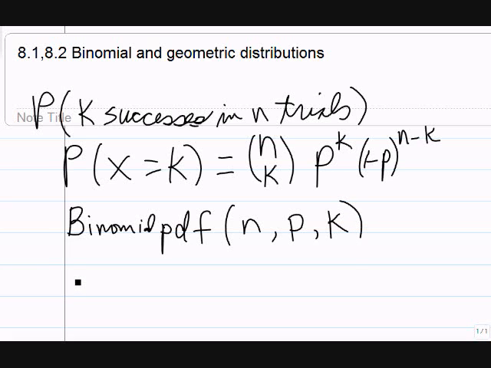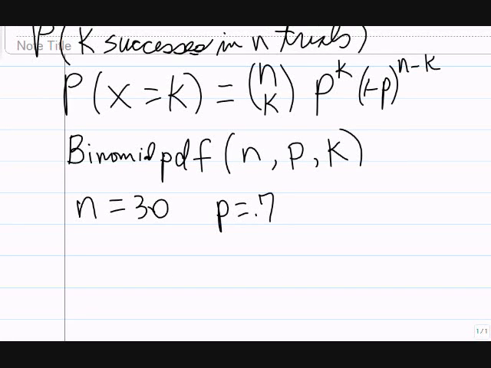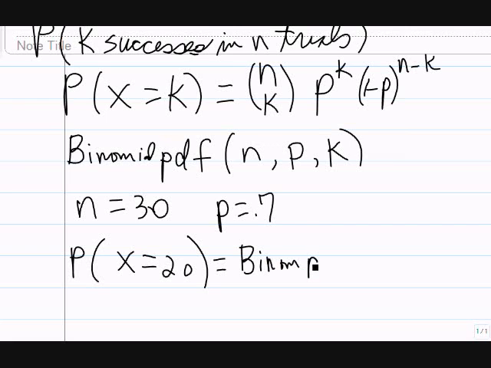So on the homework problem that overflowed my calculator last night, we have n equals 30, a p of 0.7, and I'd like to know the probability that I get 20 successes. So as to not overflow my calculator, I can do a binomial PDF for n 30, p 0.7, k 20.